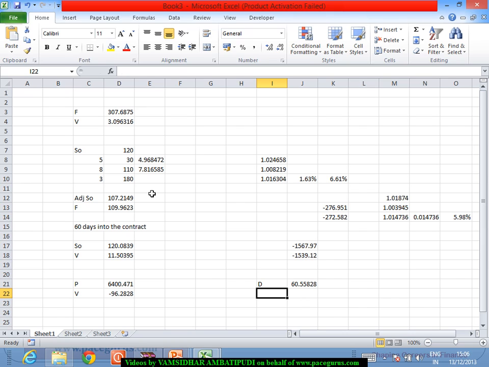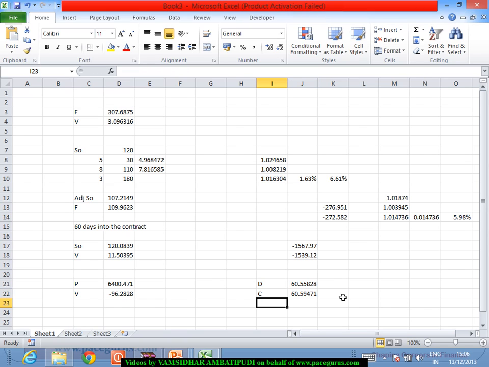If I am going with a continuous mechanism, 60 into e to the power of (RD minus RF) into T, into 120 by 365.